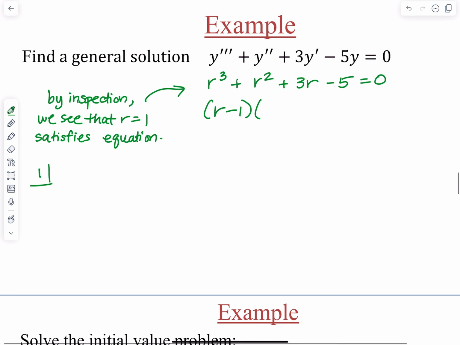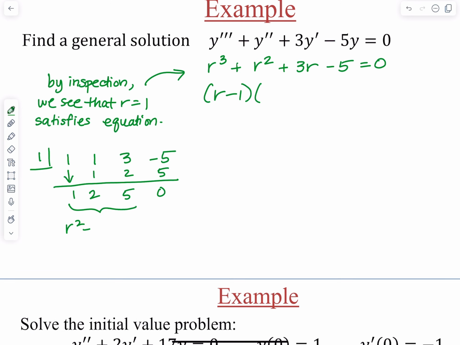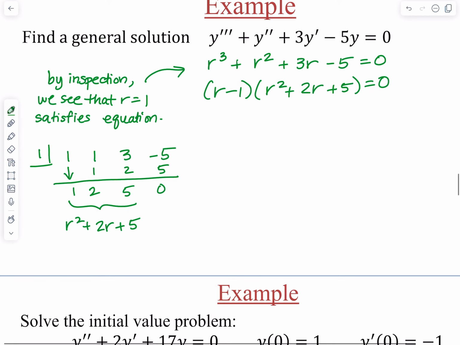So we'll go ahead and use synthetic division, and we see that this quadratic factor is r squared plus 2r plus 5. And so now we can find our 2 other roots. So our first root, let me go ahead and write that down.